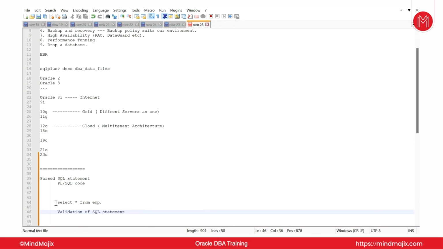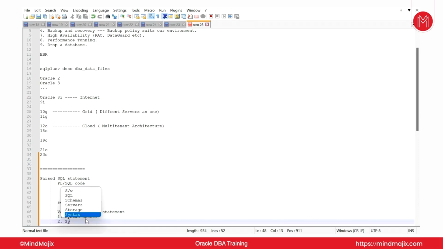When we say the database is parsing the SQL statement, that means it first checks the syntax of the SQL statement. Is the syntax correct? So it performs a syntax check.